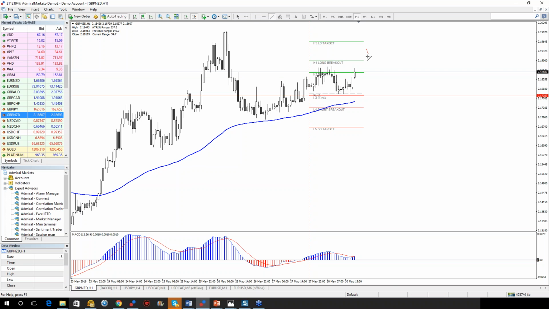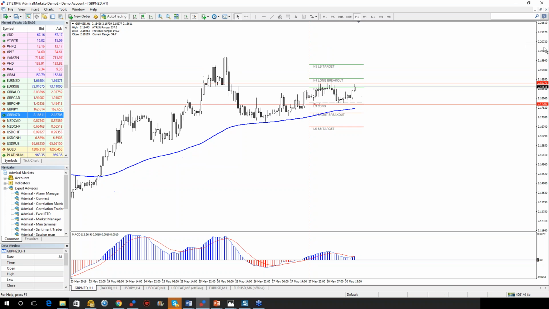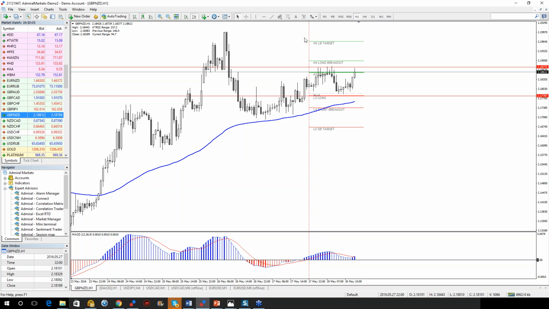This is handle. This is cup with handle and potential scallop. So yeah, this is also bullish. Pound New Zealand is bullish. See the pattern here.